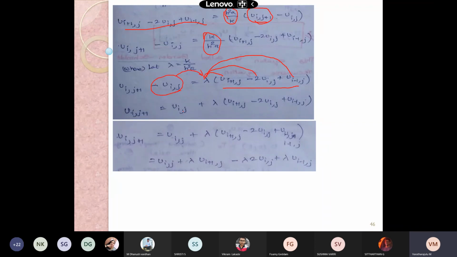That is what I have written: u(i, j) plus lambda into these three different terms. So u(i, j+1) is equal to u(i, j) plus lambda into u(i+1, j) minus 2 lambda u(i, j) plus lambda u(i-1, j).